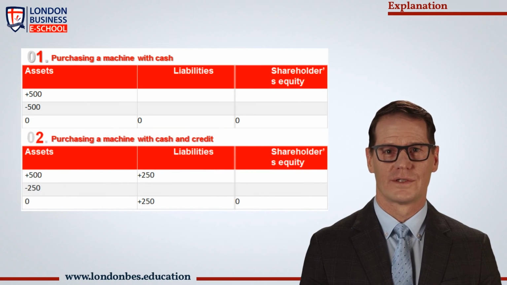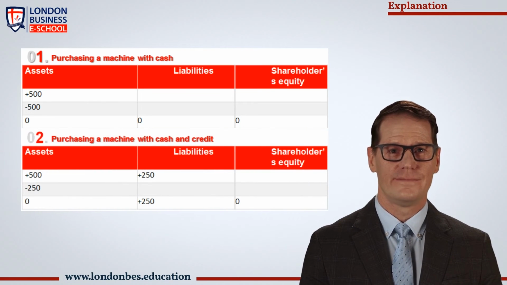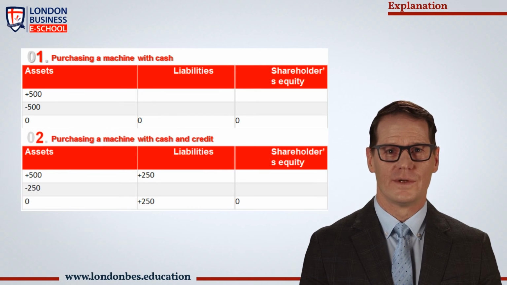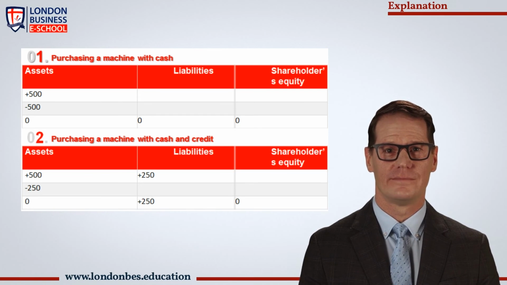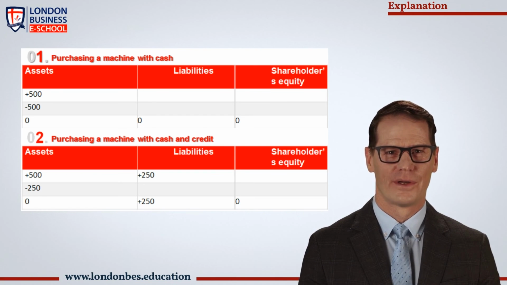2. Purchasing a machine with cash and credit. Company XYZ wishes to purchase a $500 machine, but it only has $250 of cash in its holdings. The company is allowed to purchase this machine with an initial payment of $250, but it owes the manufacturer the remaining amount.